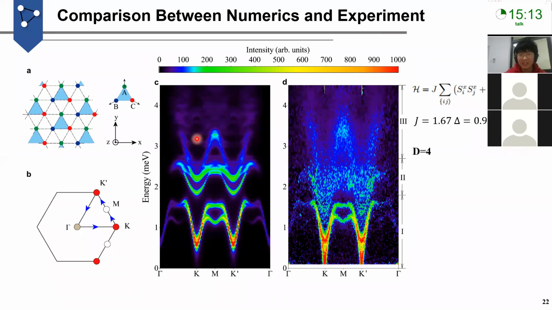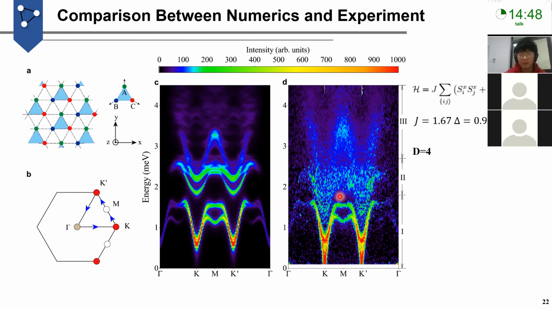It's amazing that our simulation result can reproduce nearly all the characteristics of the experimental findings, such as around the endpoint, where the momentum path is shown by the blue arrows on the left-hand side. For the low energy regions around the endpoint, we clearly produce two roton minima with the same energy as the experiment.